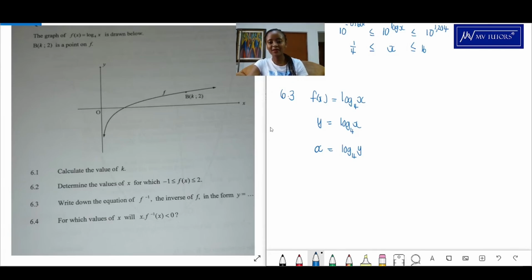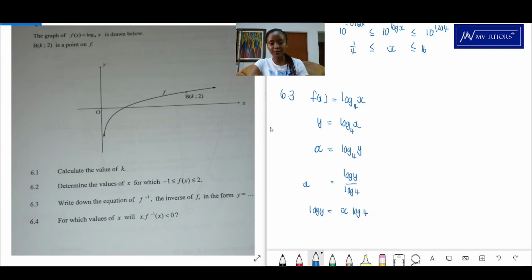Again, I'm going to continue with the way I've started. Log y over log 4 is equal to x. Then I'm going to have, let me just put the y this side, log y is equal to x log 4.